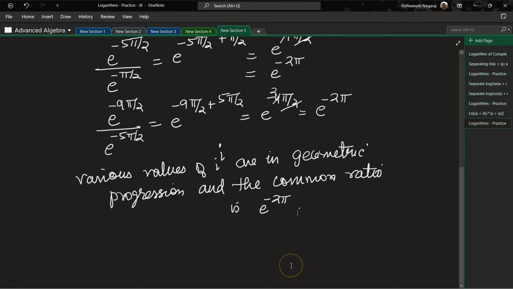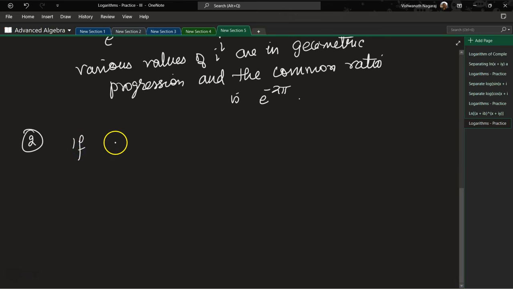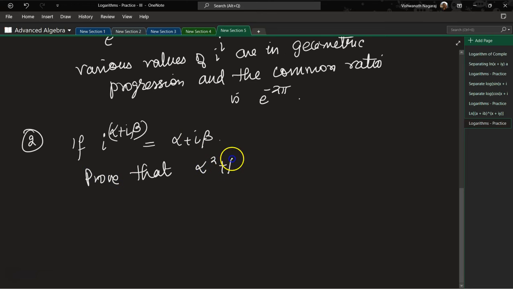Interesting. Now let's look at the second example. This is a little bit more complicated. If i to the power of alpha plus i beta is equal to alpha plus i beta, that means i to the power of something is equal to that something itself, then prove that alpha squared plus beta squared is equal to e to the power of minus (4n plus 1) times pi beta.